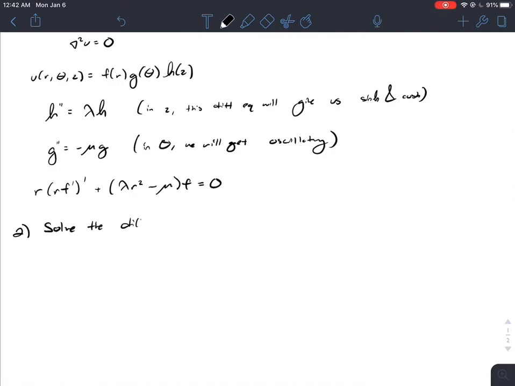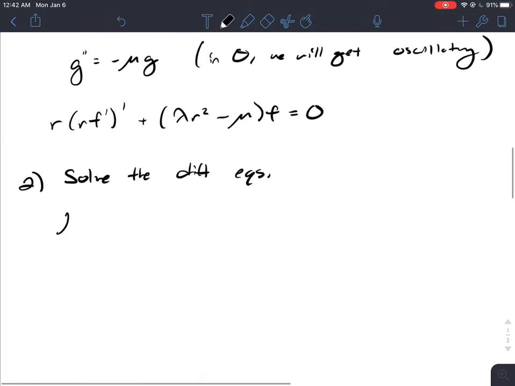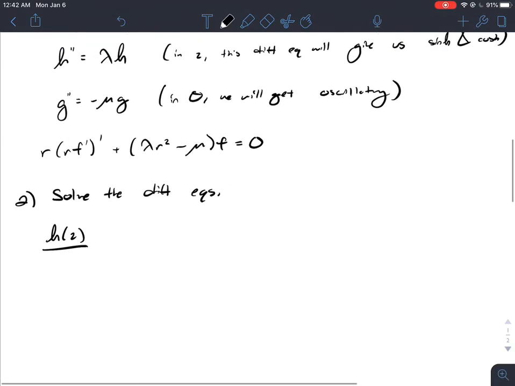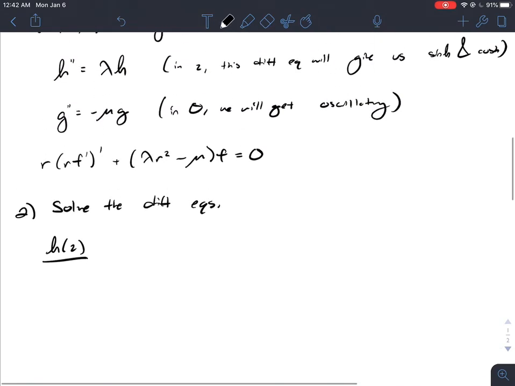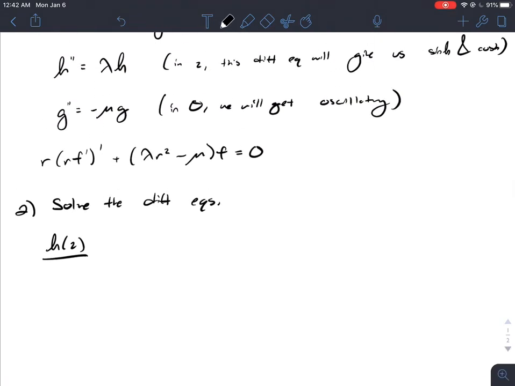Okay, so let's solve for h first, h of z. So the differential equation for h of z is right above there. The solution for h of z is going to be h of z is equal to c1 sinh of square root lambda z plus c2 cosh of square root lambda z.